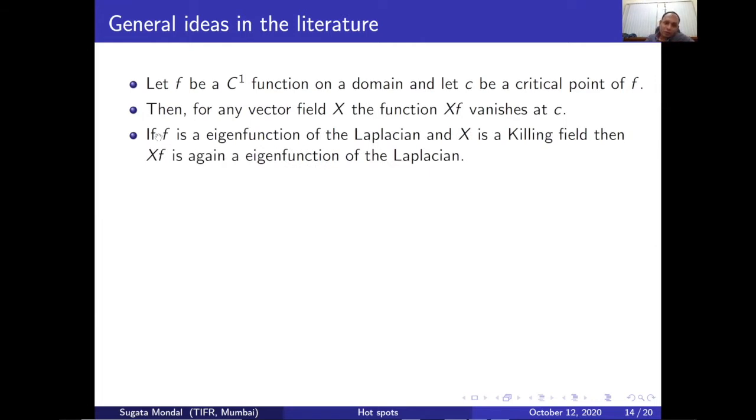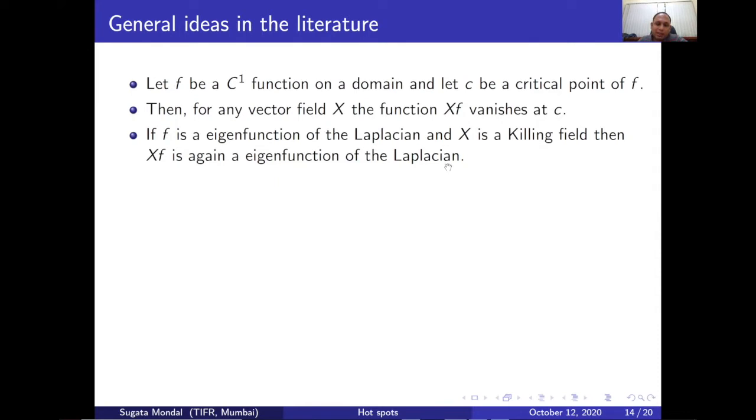Now, furthermore, we're going to work with second order eigenfunctions. If f is an eigenfunction of the Laplacian and X is a very special kind of vector field, a Killing field, basically a vector field that commutes with the Laplacian, then the new function Xf is again an eigenfunction of the Laplacian.